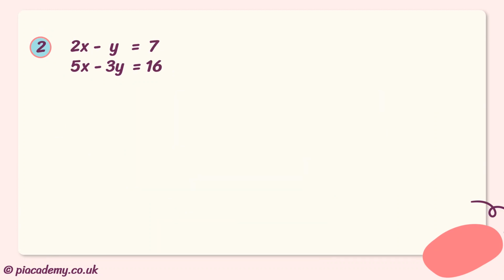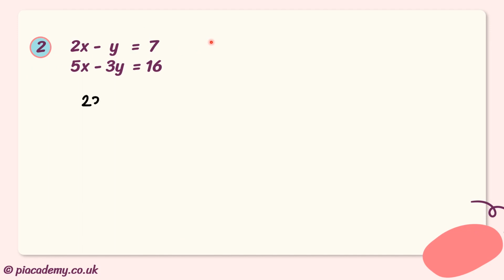Question 2. 2x minus y is equal to 7 and 5x minus 3y is equal to 16. In this question, how do we make the coefficients the same? Notice if we use the equation 2x minus y equal to 7 and then multiply it by 3, then the coefficient of y will become the same in both the equations.